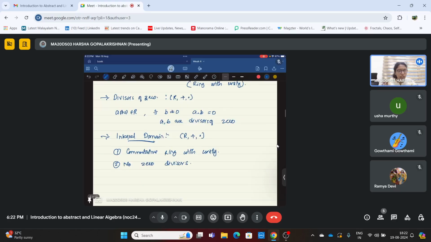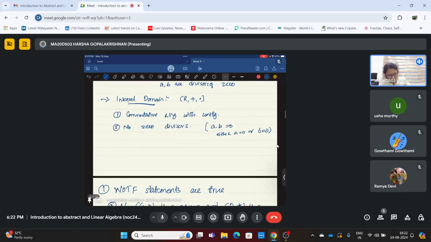Divisors of 0 means non-zero a and b such that multiplied they give 0. Such a case should not exist. That means if a · b = 0, either a should be equal to 0 or b should be equal to 0. In that case we will say there are no zero divisors. That is the integral domain.